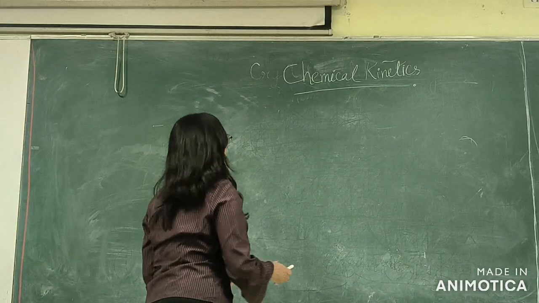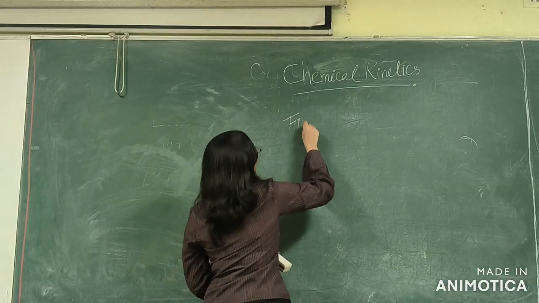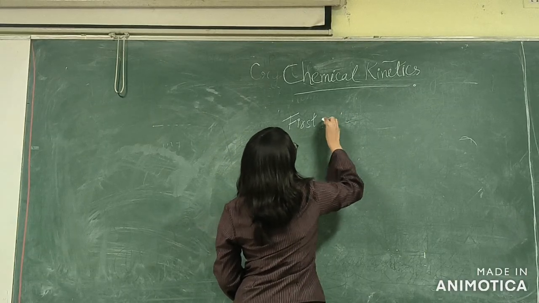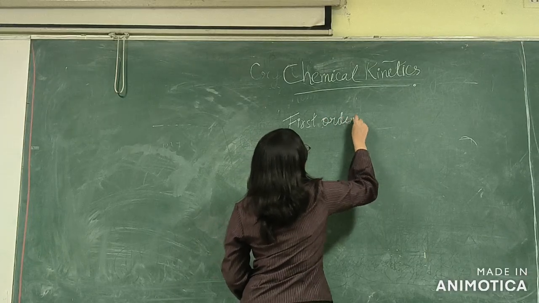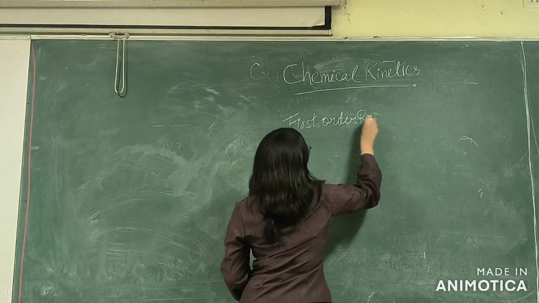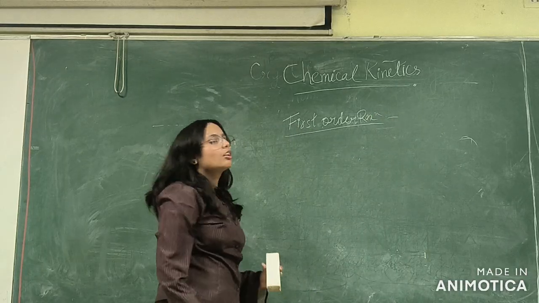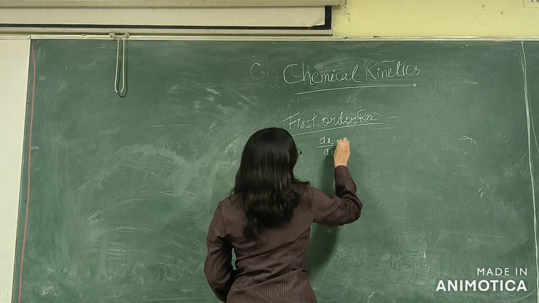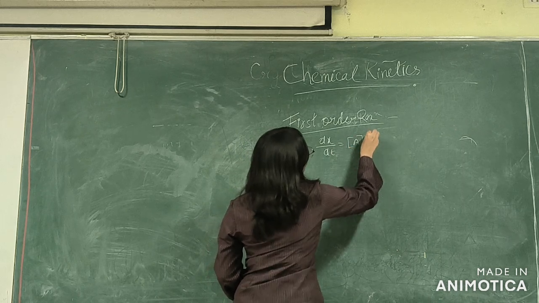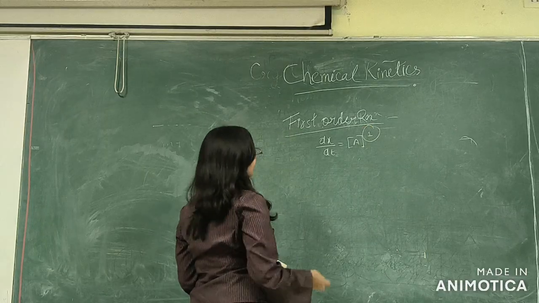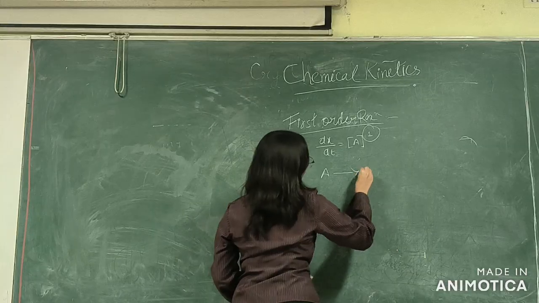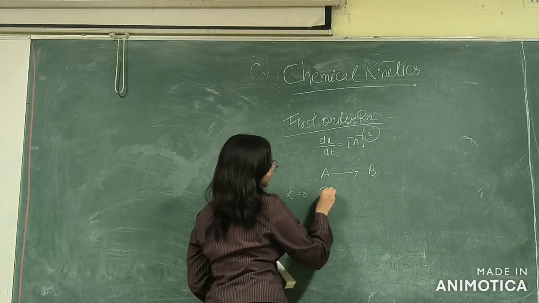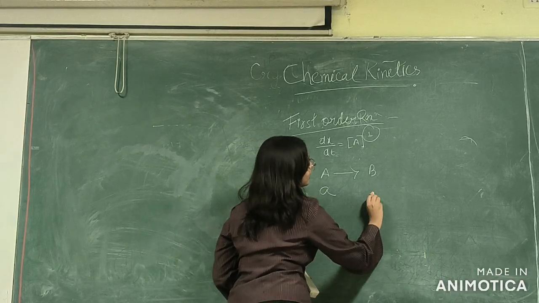Now let us move towards the first order reaction. It is the same concept, but here dx by dt is proportional to A to the power 1 because it is a first order reaction. Now we will consider the reaction as usual A goes to B. At t is equal to 0, let us consider the amount present is A, and obviously there is no product.